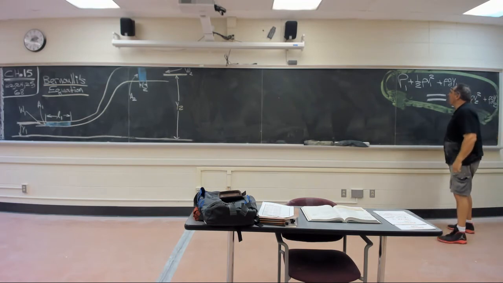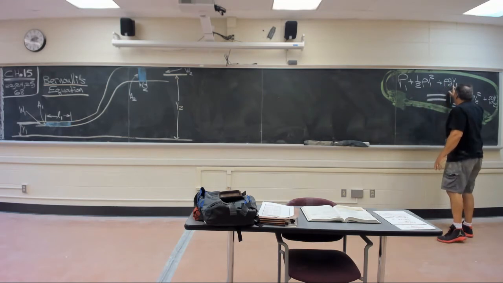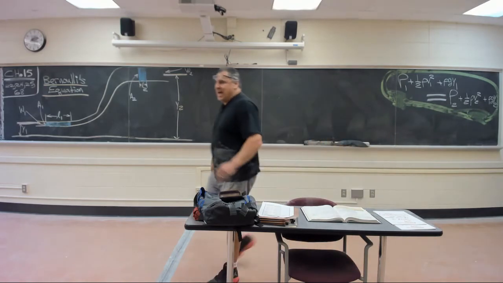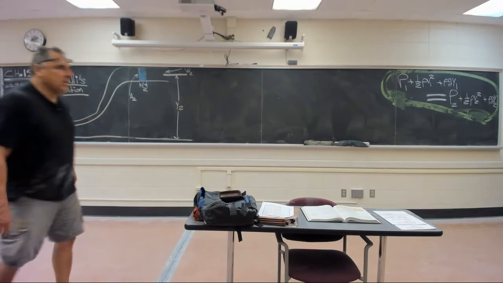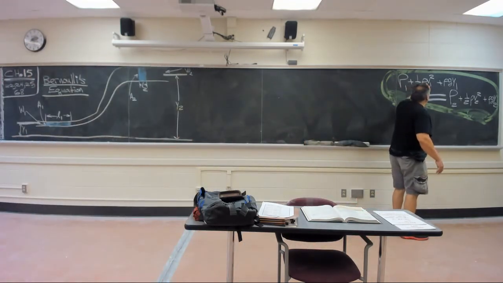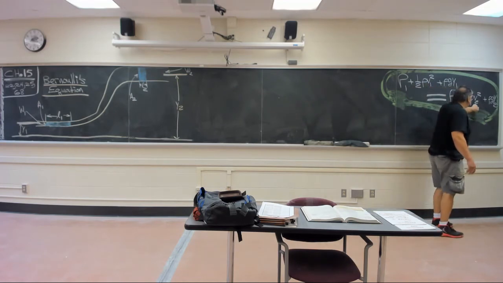Wow. This 1/2 rho V1 squared looks like 1/2 M V squared. This rho G Y looks like M G. Ignore the rho for a second. In a place where you see rho, put an M. 1/2 M V1 squared, 1/2 M V2 squared.